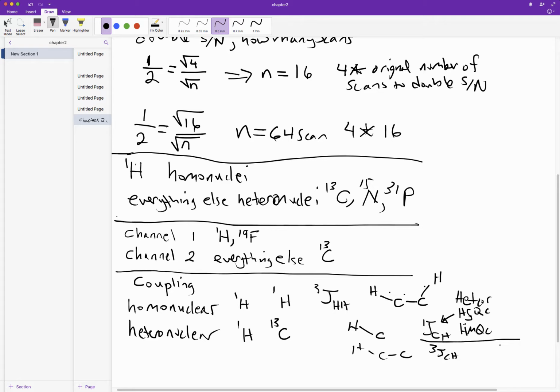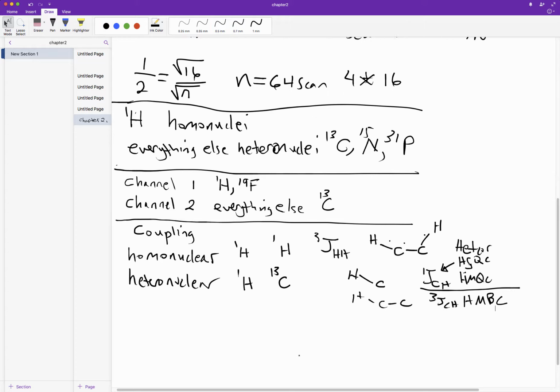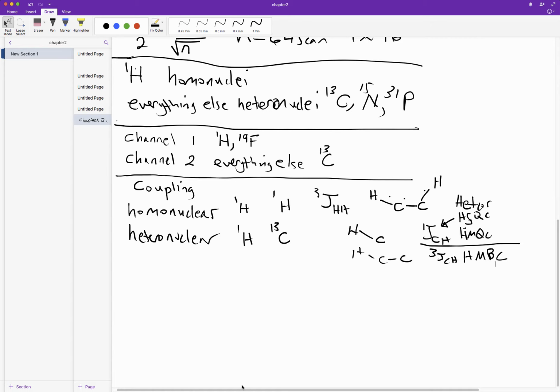They're different, but they give you roughly the same information. And if it's a longer coupling, say 3 bonds CH, you'd use something like an HMBC, heteronuclear multiple bond correlation. So there's just some nomenclature to be aware of between homonuclear couplings and heteronuclear couplings.